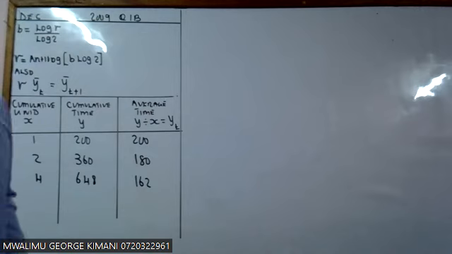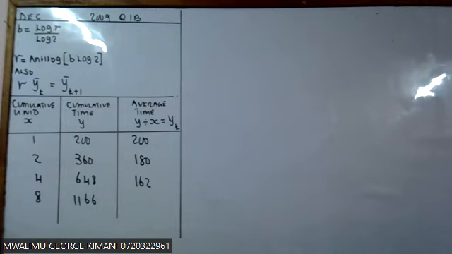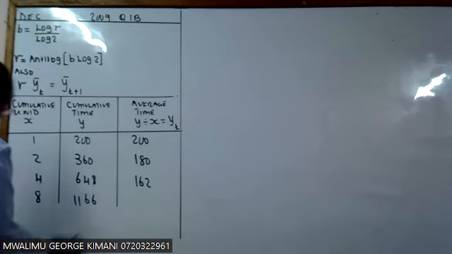Again, you can still stop there, but if you still want to prove more, you can tell us that 8 units, we are having 1166. 1166 divided by 8 is 145.75.